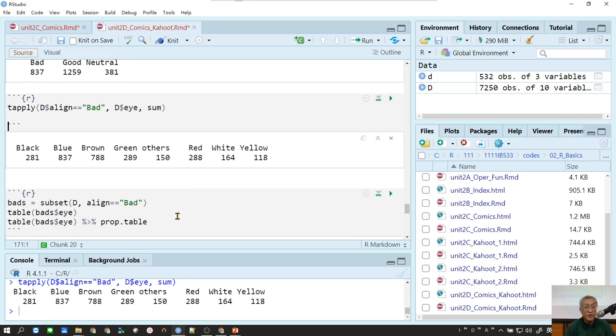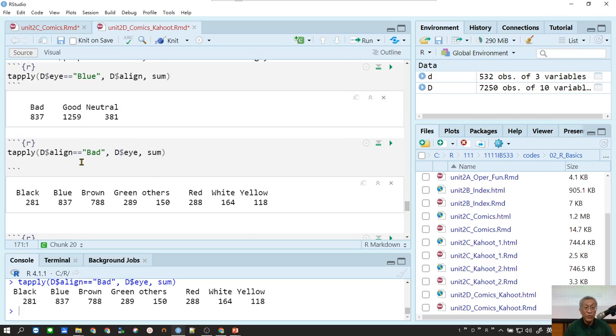So you are saying that you are getting the same number? Yes, Professor. Same answer. But they are different though. The blue color bad guy is 437. That's correct.